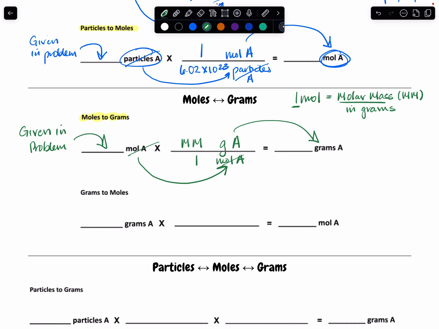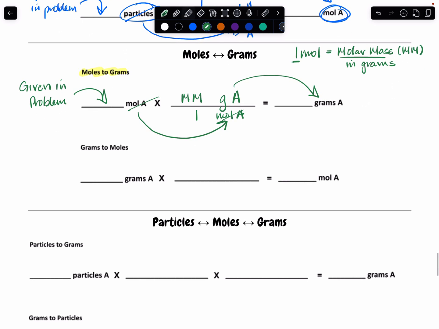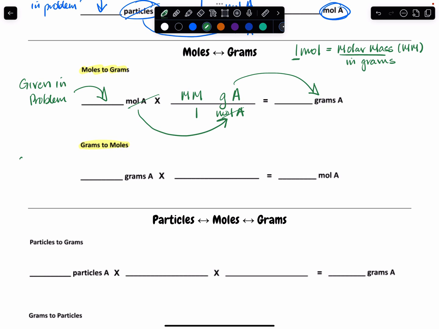So if we set it up this way, the moles are going to cancel and we're left with grams of that substance. All right, the other option is to start with grams and go to moles. So in this case, we'll have some mass of a substance given in the problem. And that's going to go here. And then this unit is going to go in the bottom. So grams of A will be the bottom, moles of A will be up top.